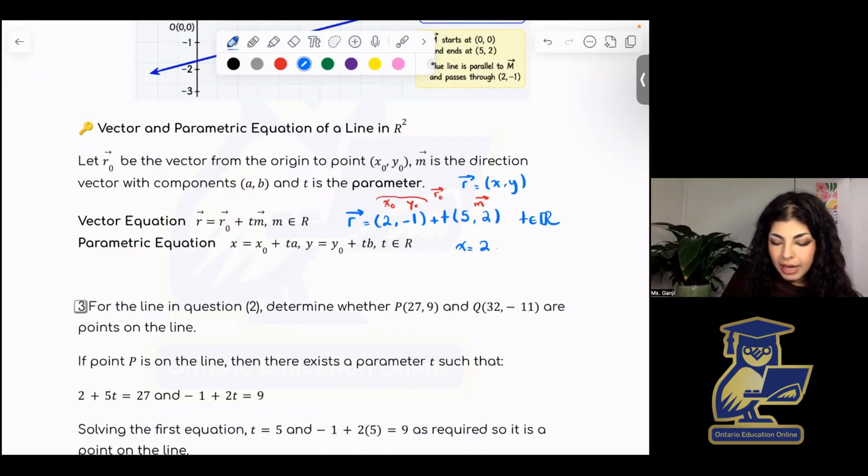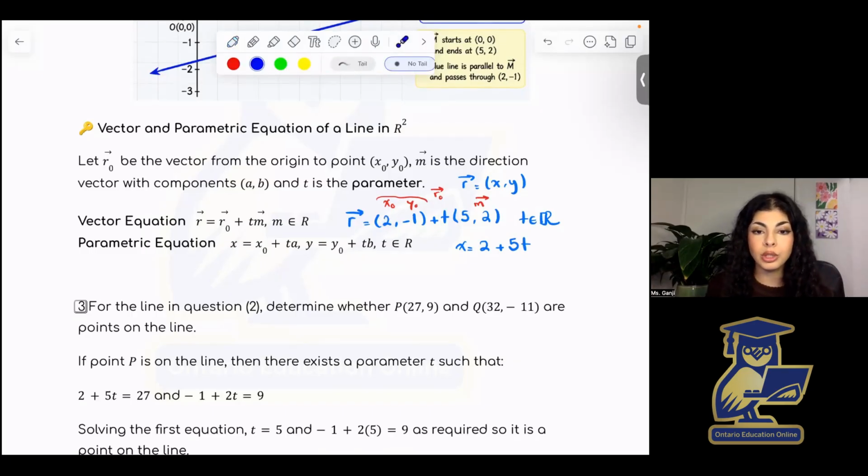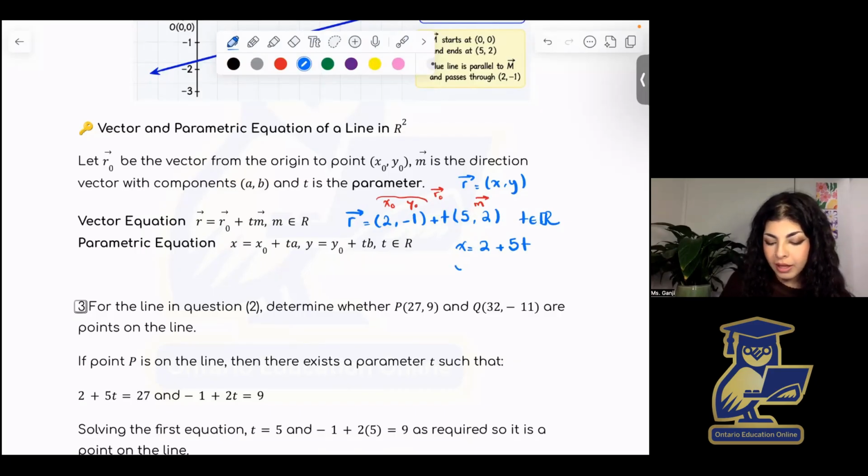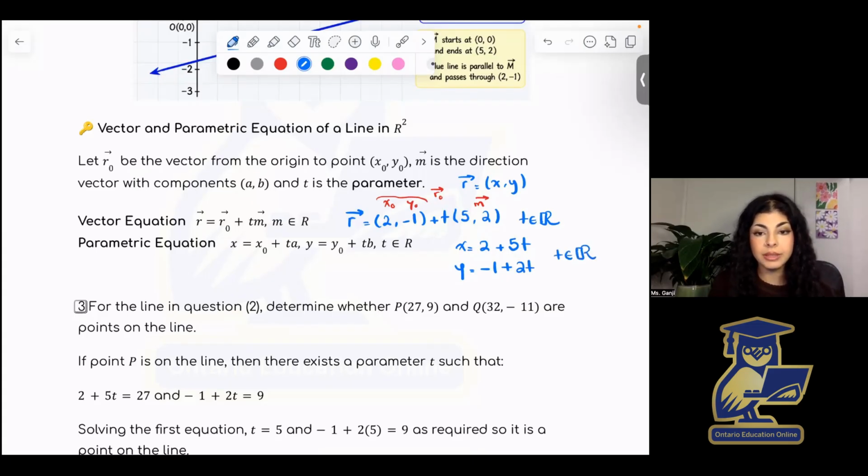So x would be 2 plus 5t. If you take the x component of the starting point, which is 2, and then add the x component of the direction vector, which is 5 times t with that scalar multiple, you get any x value. And the corresponding y component is -1, which is y0, plus 2 times t. And again, t is in the set of real numbers.